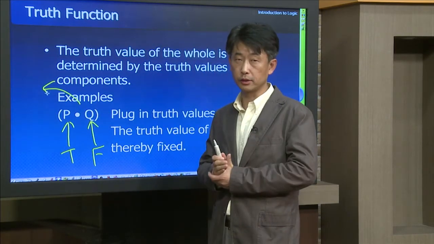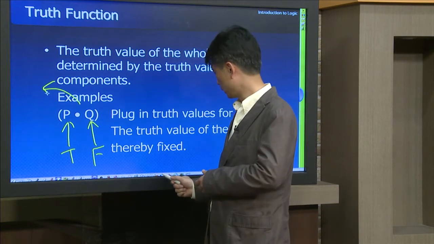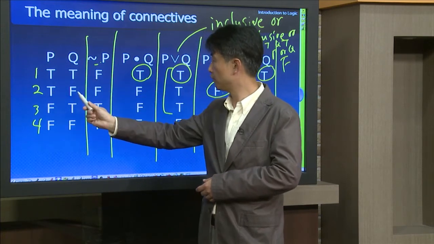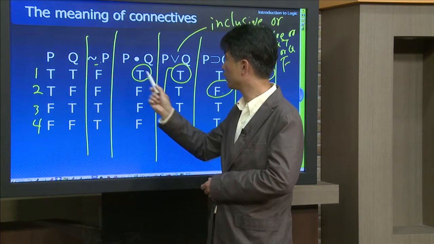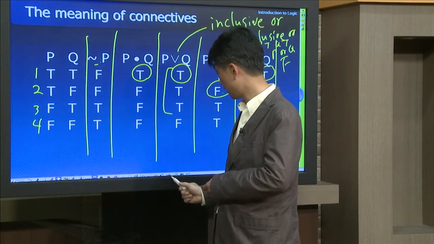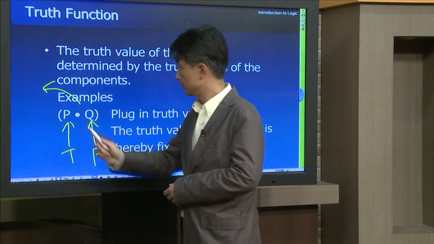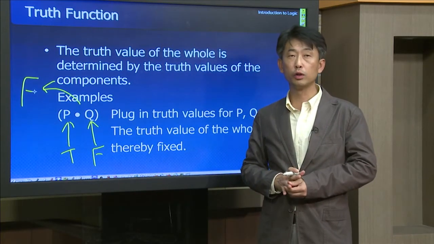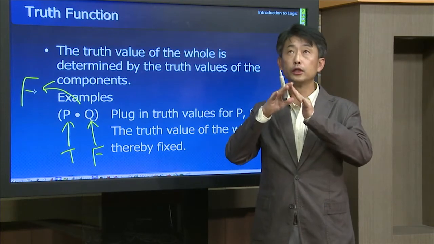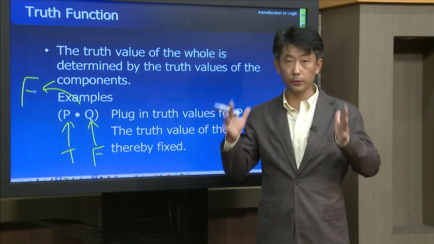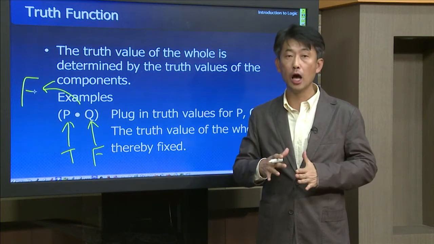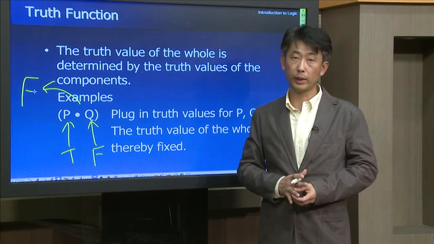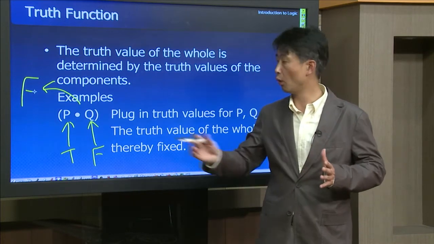Going back to the truth table for P dot Q, when P is true and Q is false, the truth value for the whole thing is false. It's thereby fixed. When this kind of relationship holds, it's called a function. The truth value of the whole formula is determined by the truth values of the components. When this happens, it's called a truth function. The whole formula is a truth function.